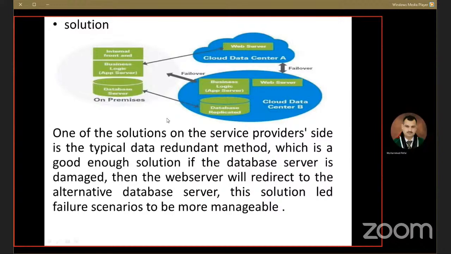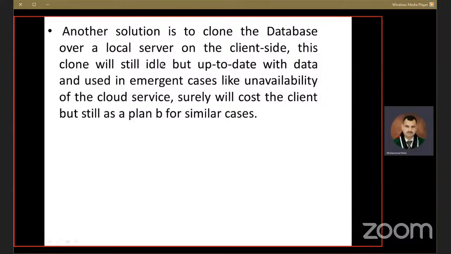Solution for the unavailability. One of the solutions on the service provider's side is the typical data redundancy method, which is a good enough solution if the database server is damaged. Then the web server will redirect to the alternative database server. This solution makes failure scenarios more manageable.